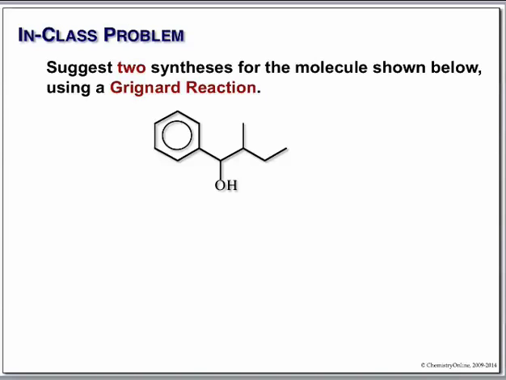So let's look at this molecule here. Again, this is one of the skills that you need to make sure you have. Take this molecule and come up with two Grignard syntheses. Very classic question.